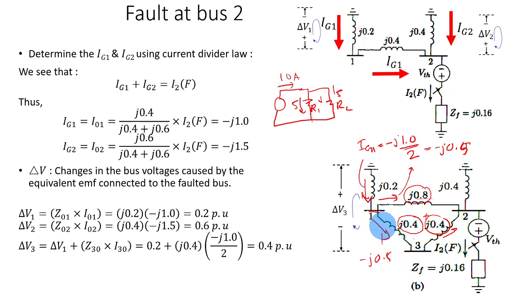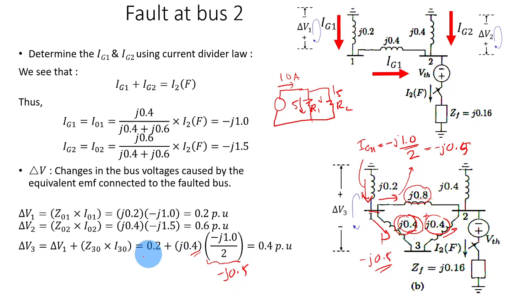Now we want to find the voltage drop between 1 and 3. Between 1 and 3, the current has to flow through this J0.4. So the voltage drop between 1 and 3 is minus J0.5, the current flowing through this branch, multiplied by the impedance. So this one here is minus J0.5, and this is 0.4.